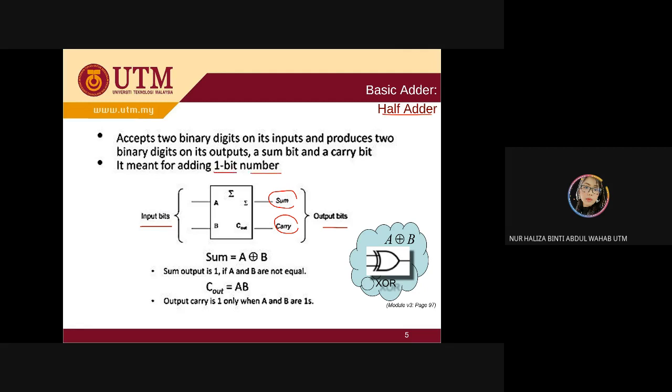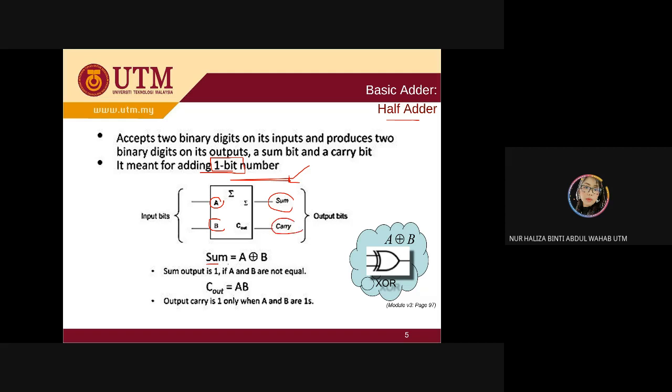If you want to add more bits, you need to add another half adder to combine it all together. So we look into the very basic first, this half adder, which is for adding one bit number only. So you're going to have only two inputs for half adder and one sum and carry.